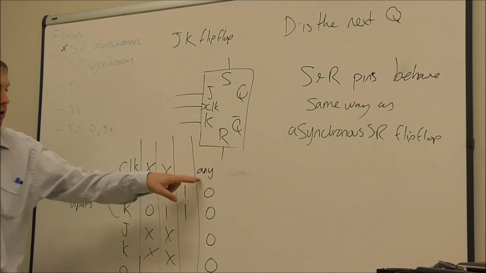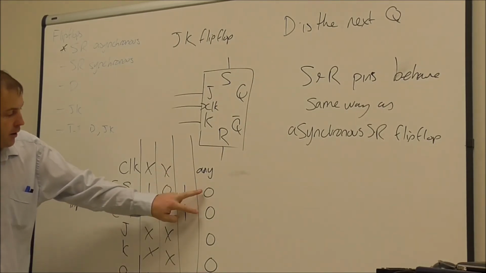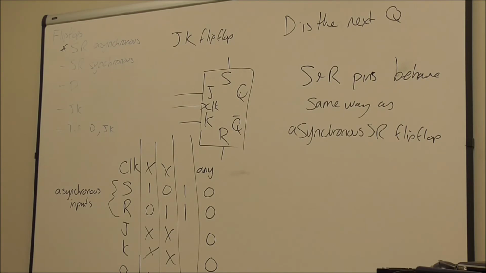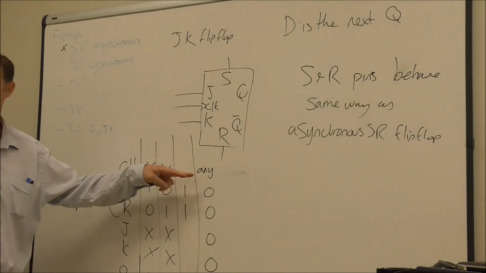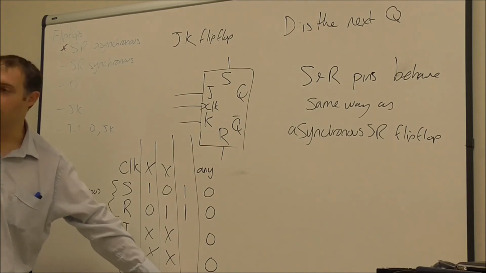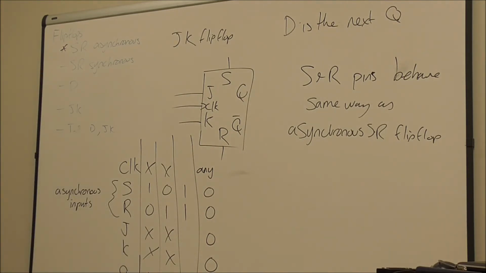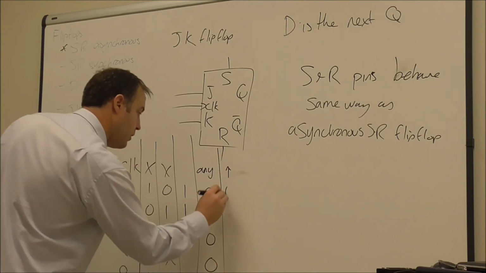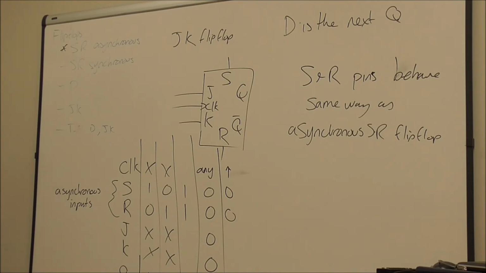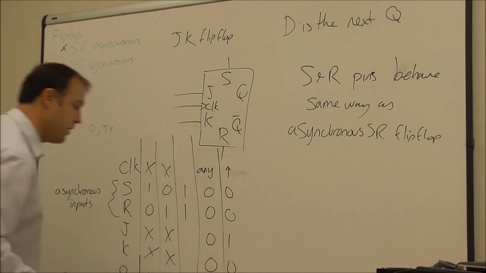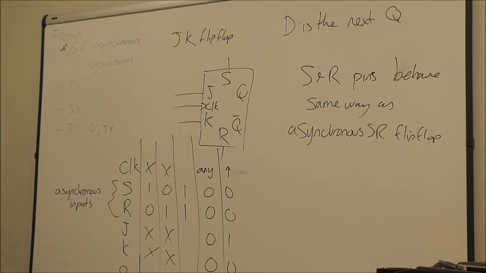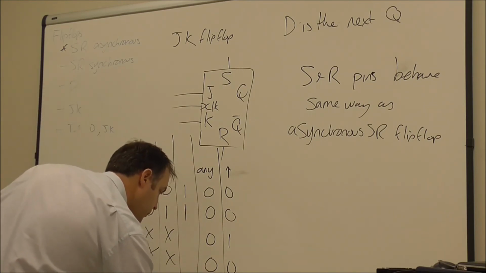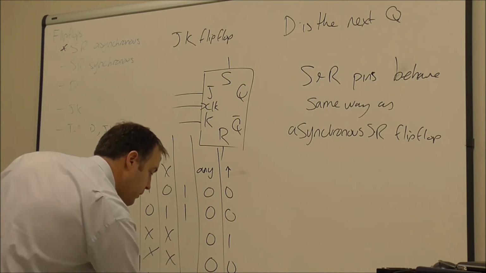The clock can have anything. If S and R are 0, well, now we're looking at the JK pins. If J and K are both 0, then it doesn't really matter what the clock's doing, we're getting no change. It's only when we see a rising clock edge, S and R are both 0, and let's say J is 1 and K is 0, that sets the output on the timing of the clock edge to 1. So Q bar goes to 0.